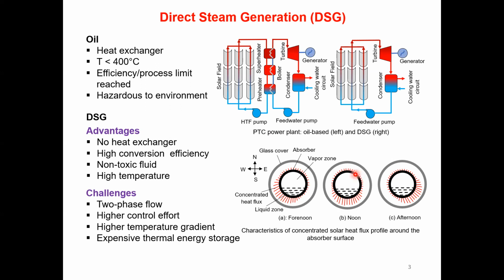The high thermal gradient induces deflection in the absorber wall, which may break the glass cover. The non-uniform heat flux around the absorber surface continuously changes from morning to evening due to tracking of the solar collector.